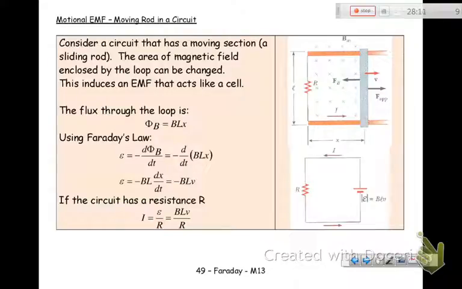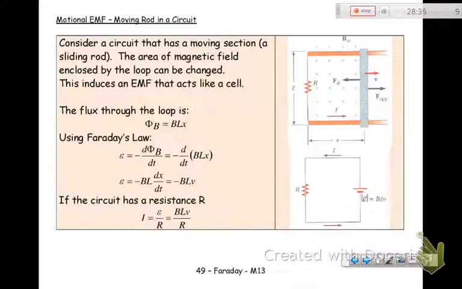So I can interpret this in terms of motional EMF and say what will happen, or I can interpret this in terms of Faraday's law and see what happens, because they're two ways of talking about the same thing. I can take this blue rod into account, moving through this magnetic field, and ask what's the EMF, and how does that EMF drive a current through this resistor?